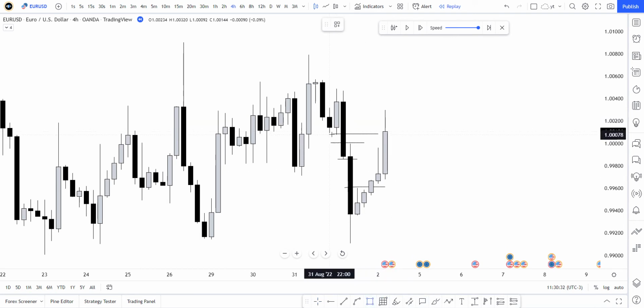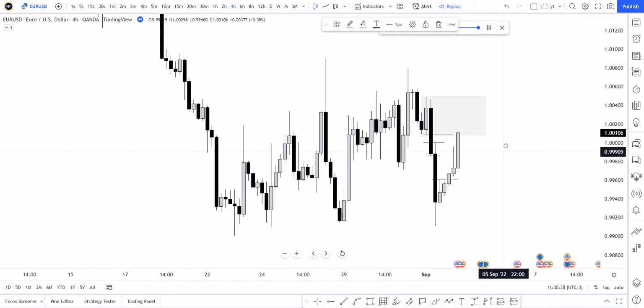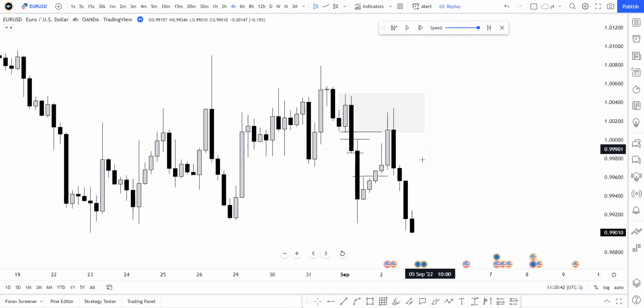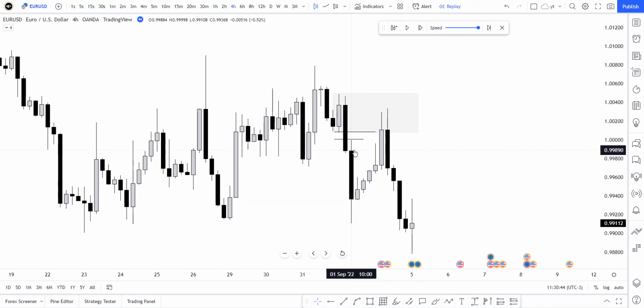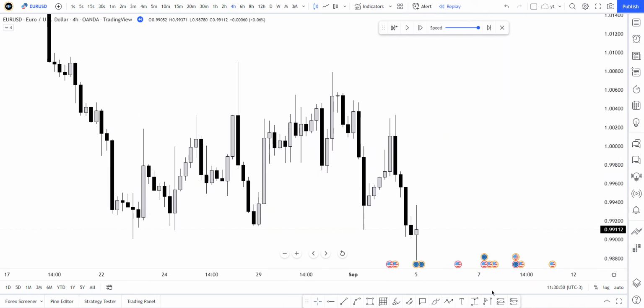It came back to fill something right here, and then we tapped into a supply area. Now I also have content on my Skillshare page for absolutely free where I explain everything, also on my YouTube channel too, and we're talking about supply and demand areas, but we tap into that supply and we deliver beautifully to the low. So that's just textbook stuff, right?